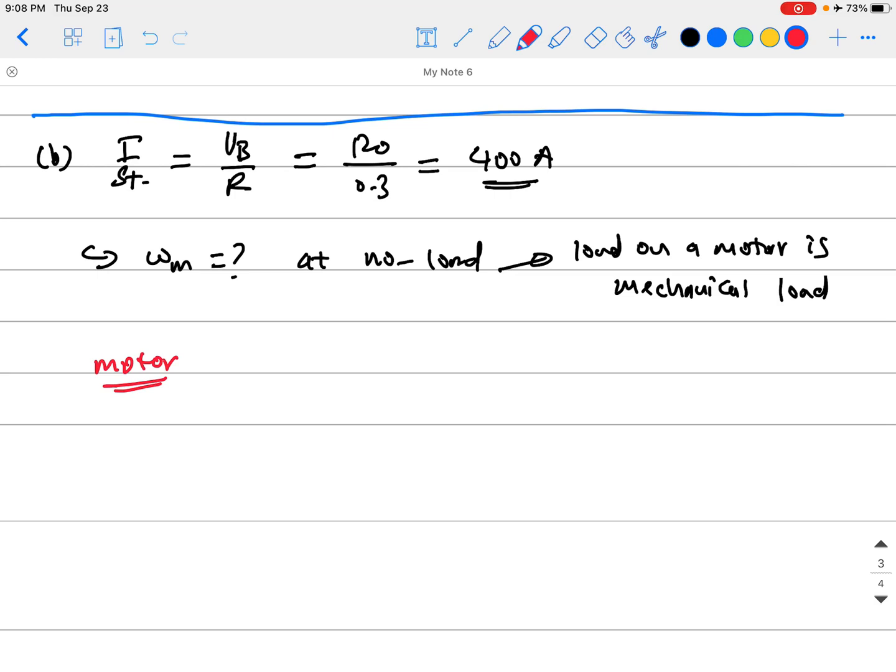We will be attaching the load we want to the motor, whatever it is, a fan, a pump, a production line, some sort of a machine, an elevator, a car, whatever it is. But now he's just asking you what will happen if you press the button and let the motor run freely without being attached to any other kind of load to drive.